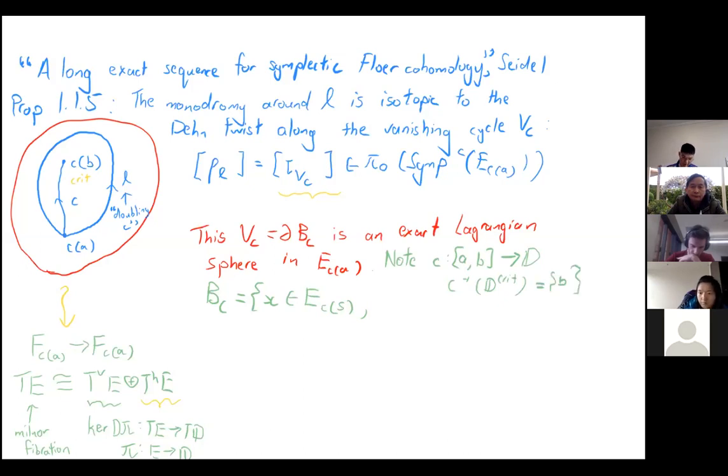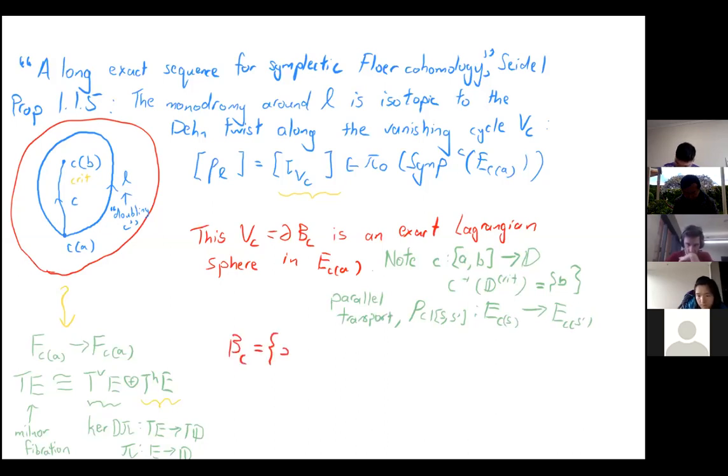We also just now discussed the parallel transport thing. Let me write this first. So we have the parallel transport moving along the fiber. Write down parallel transport. So how to take this ball? The ball is taken to be the set of points in the middle fiber.